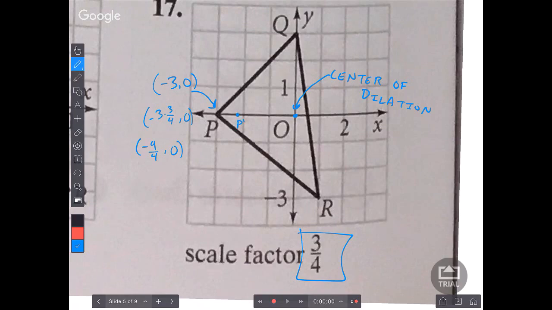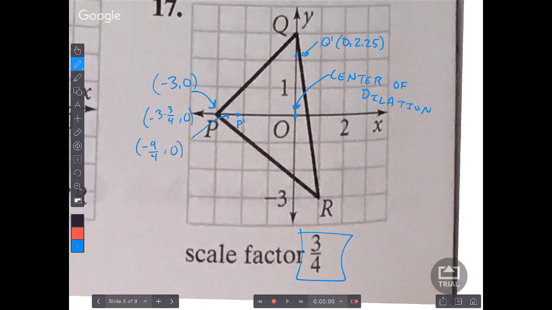So there's P prime. Great. And then this is going to be the same deal. So that's going to be Q prime, and it's at 0, 2.25. And this is P prime right there.